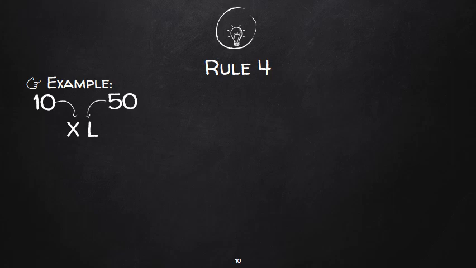So again, X is a smaller Roman numeral and L is a bigger Roman numeral, and this smaller Roman numeral is written on the left side of the bigger Roman numeral L. So what will you do? We will subtract the value of the smaller Roman numeral X, which is 10, from the value of the bigger Roman numeral L, which is 50. So 50 minus 10 is equal to 40.